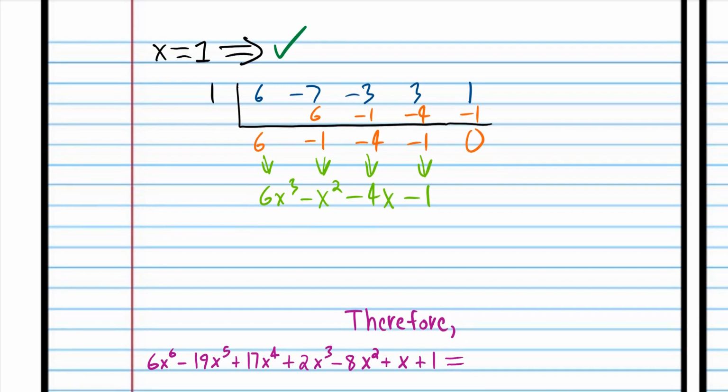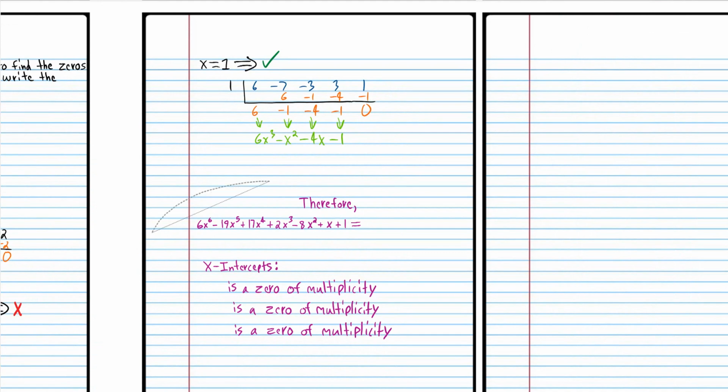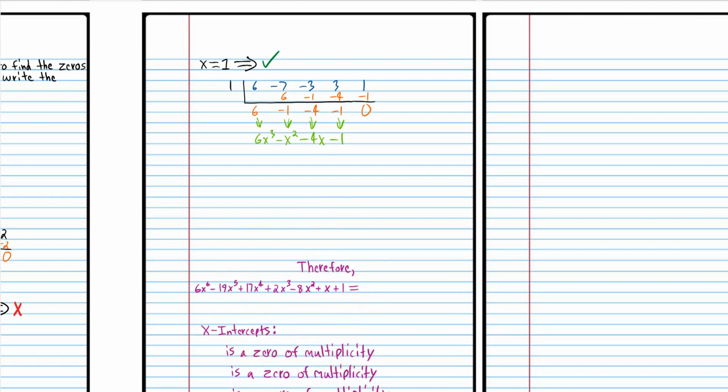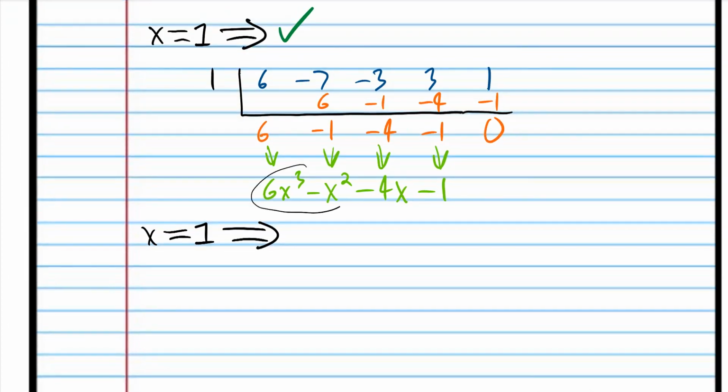And so now let's check for another repeated 0, because we need to go all the way down to a degree 2 polynomial. So let's try x equals 1 again. So 6 minus 1 is 5, minus 4 is 1, 1 minus 1 is 0. Again, we just have a lot of repeated zeros for this problem.